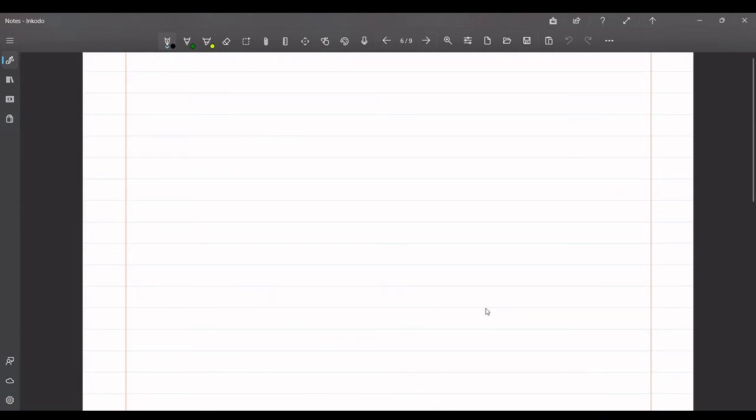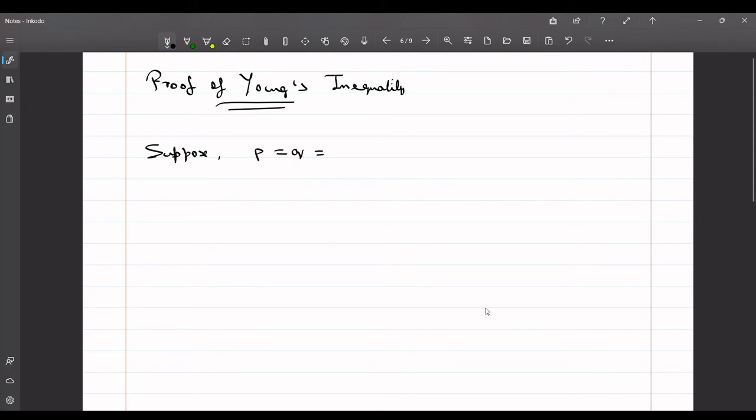Yeah, so proof of Young's inequality. Suppose p equals q equals 2, symmetric conjugate exponents.